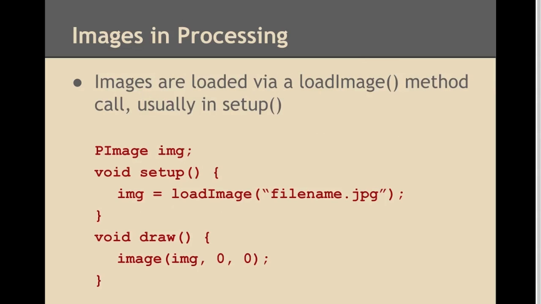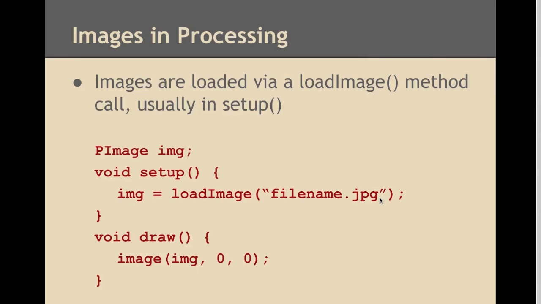Here's a syntax template that shows a very simple image drawing program. First, we declare the image up at the top, PImage img. That makes this a class variable. Then in setup, we load an image using the loadImage method and the file name that we're going to load.